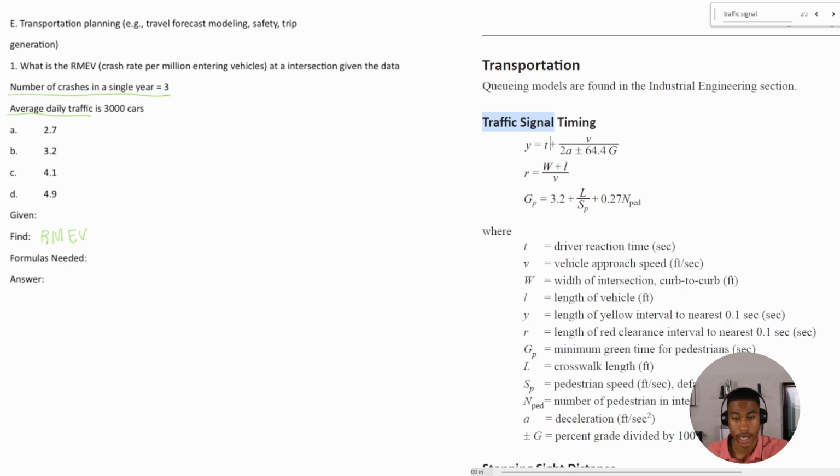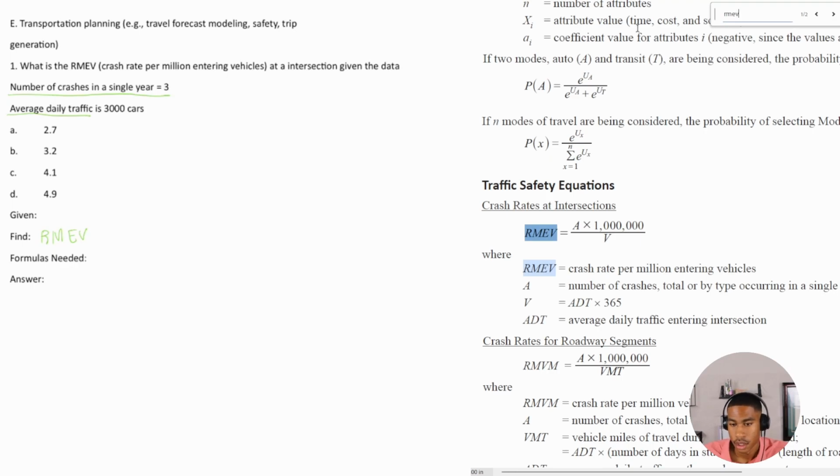And so are there any formulas needed for this? The answer to that is I don't know what RMEV is, and I'm just going to do a search because I think that will get me close. RMEV. All right. So now it's just a matter of looking at what they give us, right?